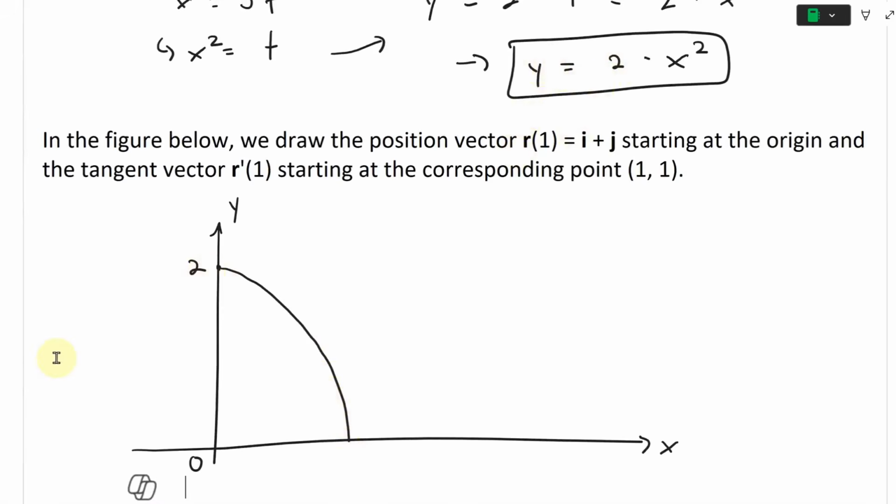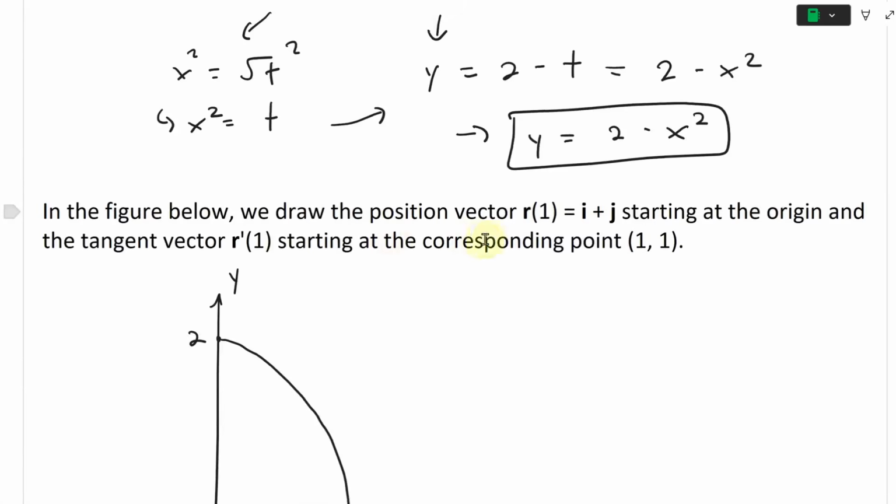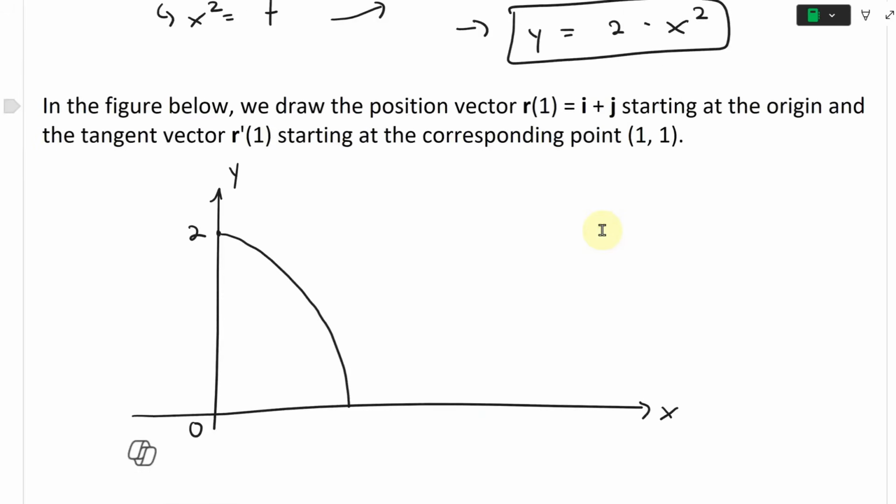Now the next step is to draw the position vector. r of 1 is just at 1, 1, so it's at the halfway point, let's say over here. I quickly fix it up to make it more of a parabola, less of a spherical shape.